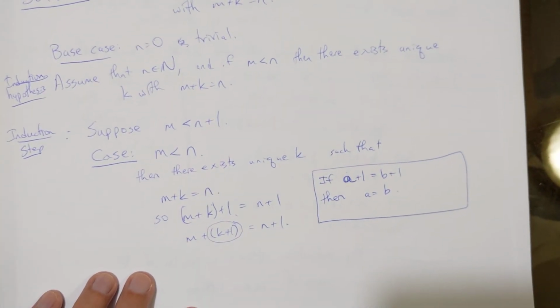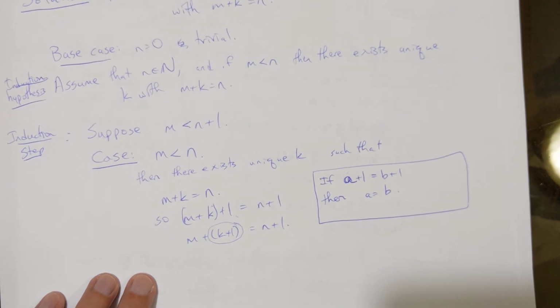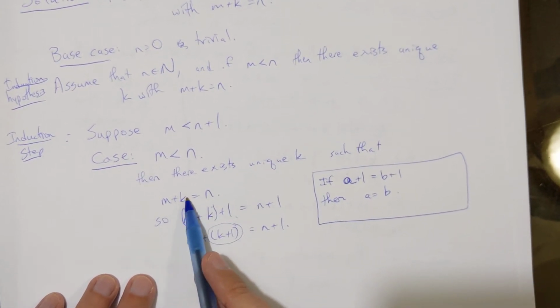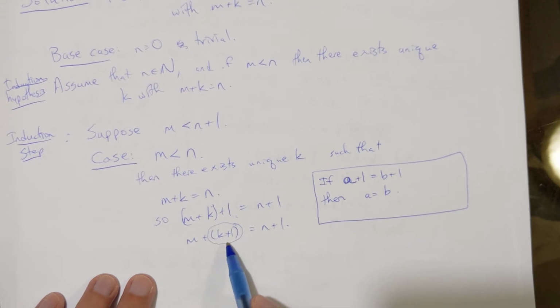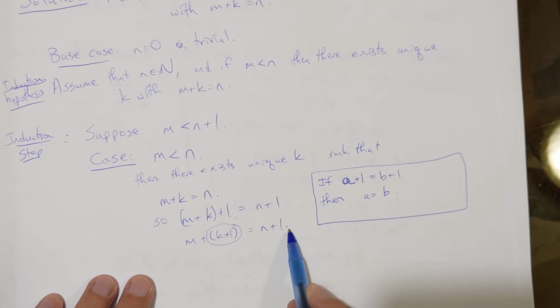That is something we need to take care of. If we are able to show this, then since k is unique, the solution to m plus question mark equals n plus 1 will be unique.